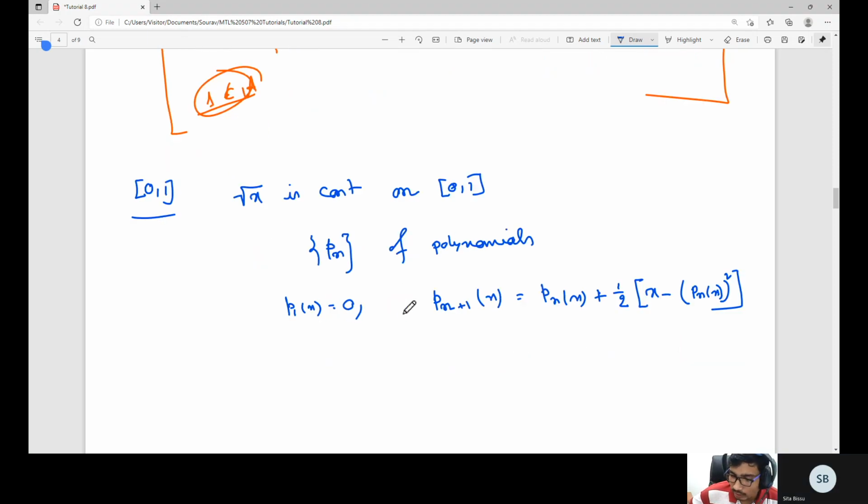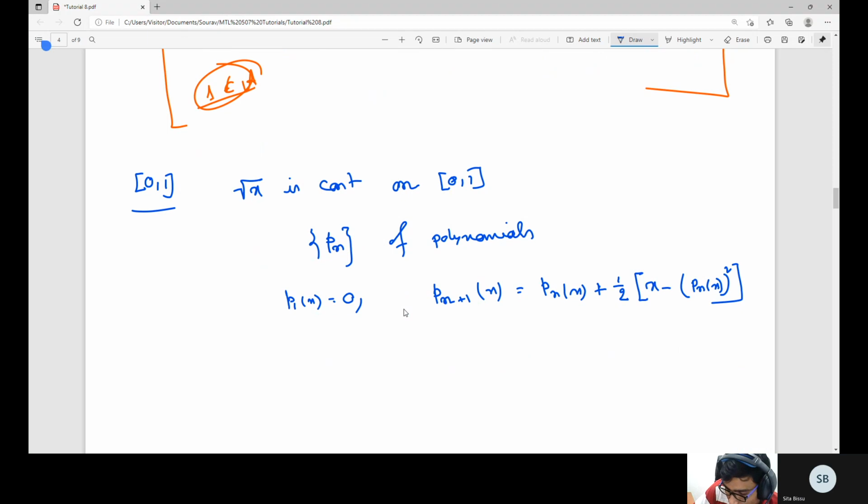Can you tell me what is the difference between Pn(x) squared and Pn squared of x? What is the difference? ये x है, ये भी x है. What is the difference between these two?